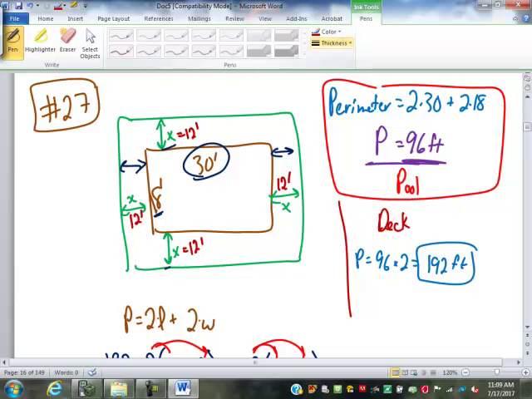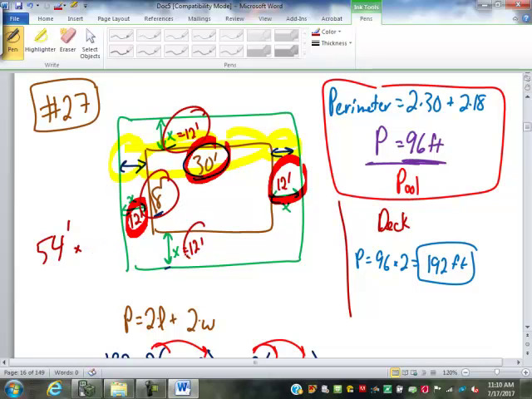So the new length is 12 plus 30 plus 12, which comes out to be 54 feet. The new width is 12 plus 18 plus 12, which turns out to be 42 feet.